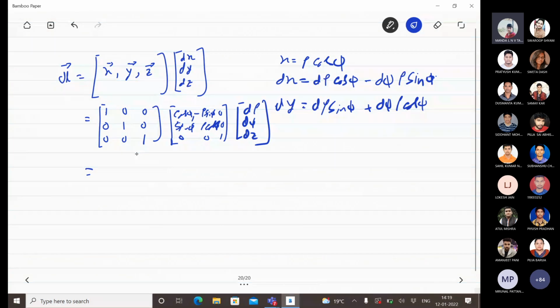And this you need to write in the form rho, phi, z into the transpose of this. So what is this? This is the rotation matrix, and this is the transpose of the rotation matrix.